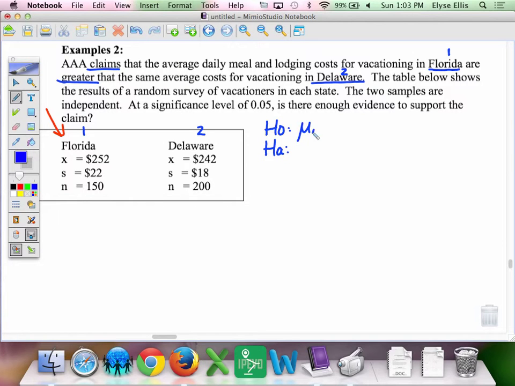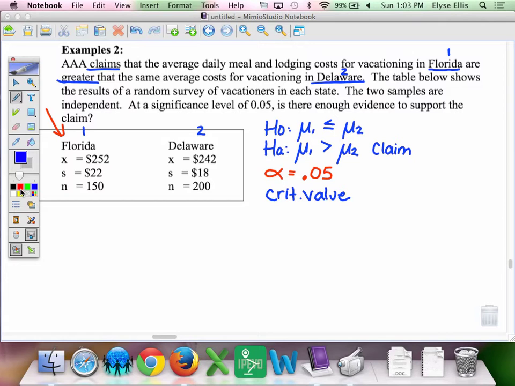So when I go to set up my null and my alternative, when I compare mu1 and mu2, greater than, well, that's a greater than symbol, which is putting my claim in the alternative. We've got less than or equal to happening for our null. When it comes to our significance level, they gave us 0.05 again.